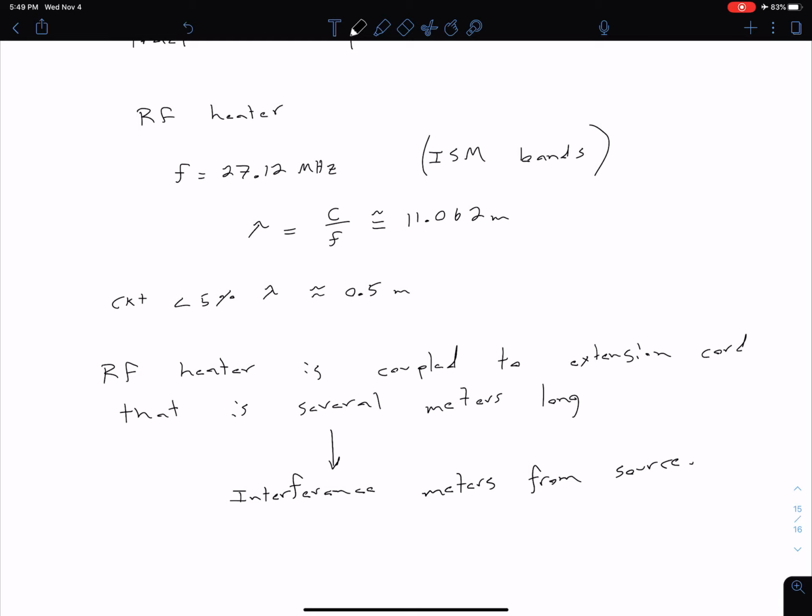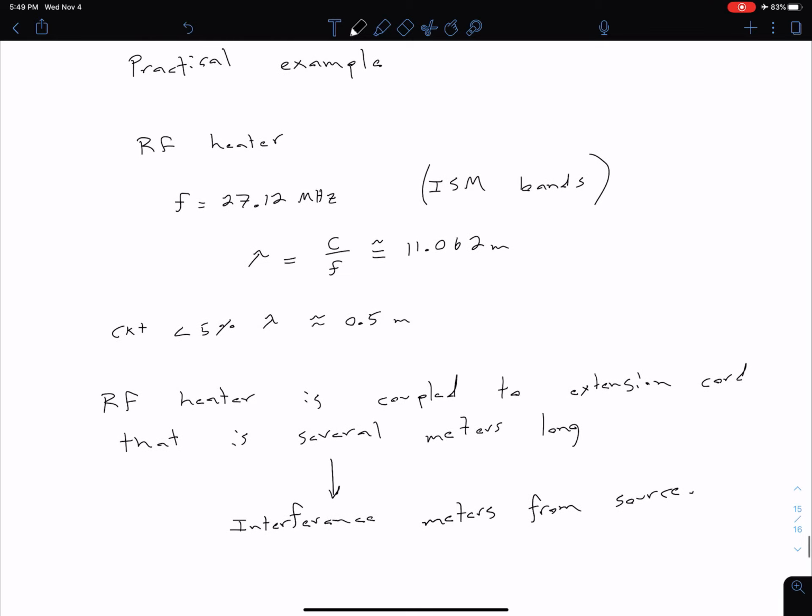Again, this contrasts with our electric and magnetic fields, which are more localized. But in certain cases, if we do have a large enough energy, we can see electromagnetic interference from relatively large distances.